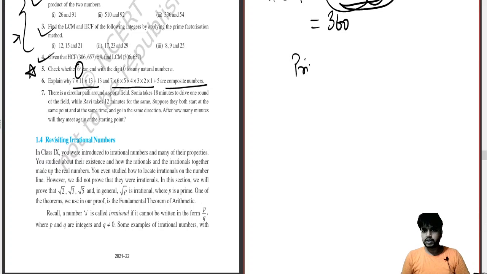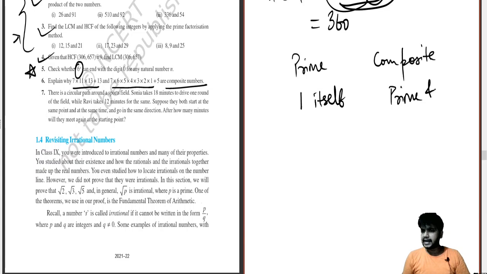Prime numbers are divisible only by 1 and themselves, and composite numbers have other divisors besides these. If you solve this, you will get a composite number. So this doesn't need an explanation here.